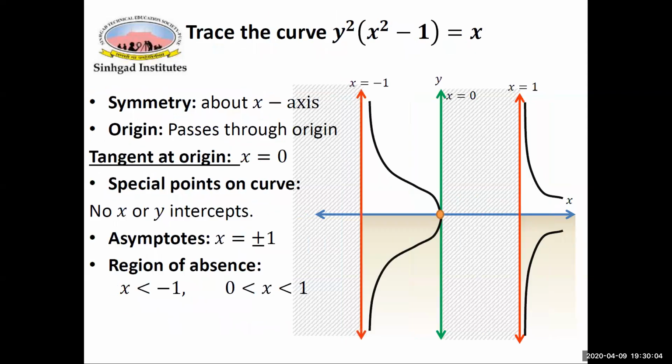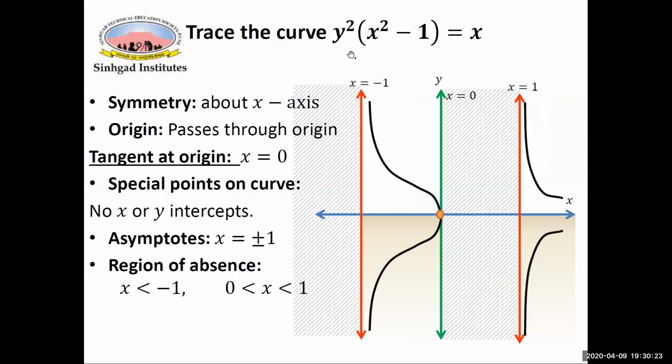Now the next case. Here, the equation of the curve is y square into x square minus 1 equal to x. Again, the power of y is even.